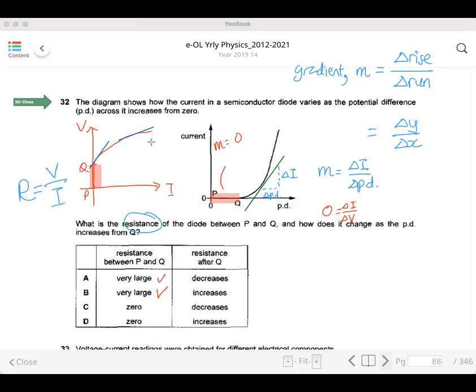So the answer for this will be decrease and decrease. So the answer would be A. If you are confused about looking at it in the opposite manner, you can resketch your graph to V over I. Because V over I, or V against I, is the resistance. So the gradient of the graph will give you the resistance, the instantaneous resistance. Is that clear?